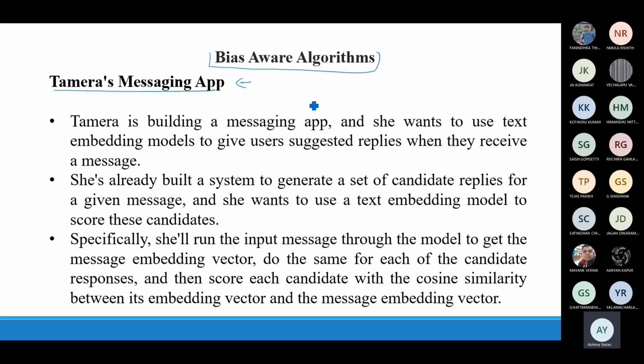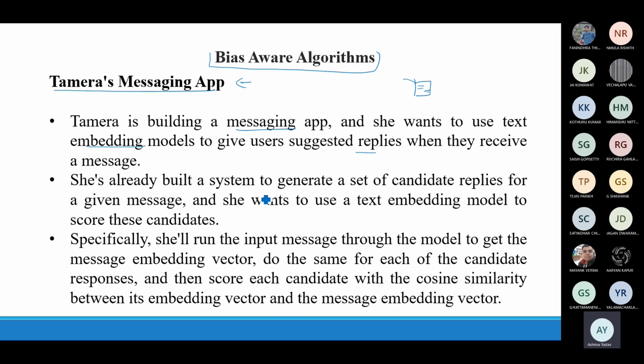So let's say she planned to build a messaging app where she wants to use text embedding models to give users automatic replies when they receive a message. If the user gets any message on their phone, she can automatically suggest a reply, and the user selects that reply and replies to the person.